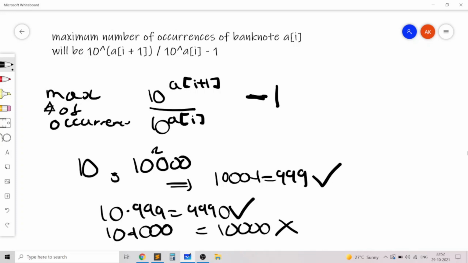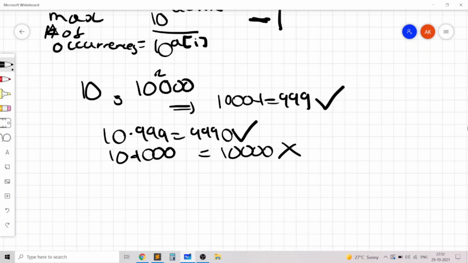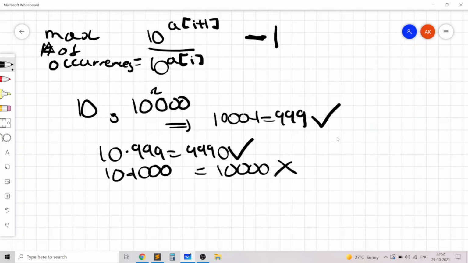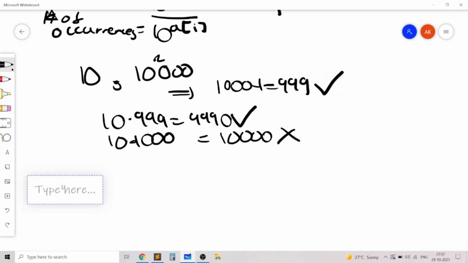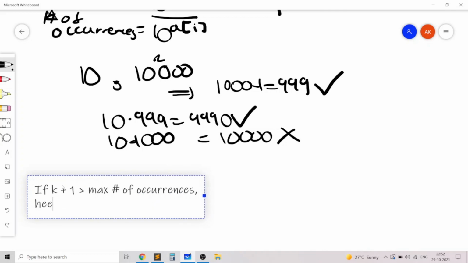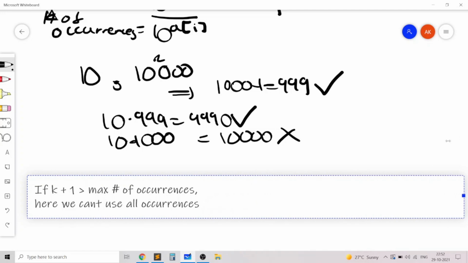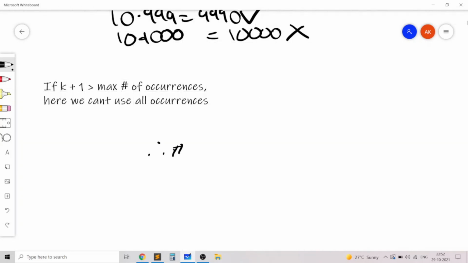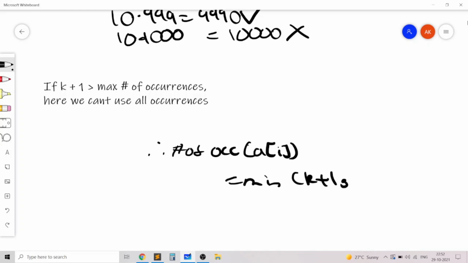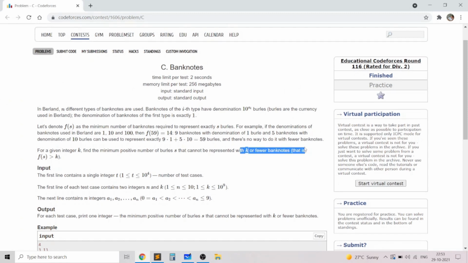However, the only case when this doesn't work is if k plus 1 is greater than the max number of occurrences, then in that case we can't use all occurrences, and so we'll just take the number of occurrences of ai to be the minimum of k plus 1, because we want to make a total of k plus 1 banknotes.